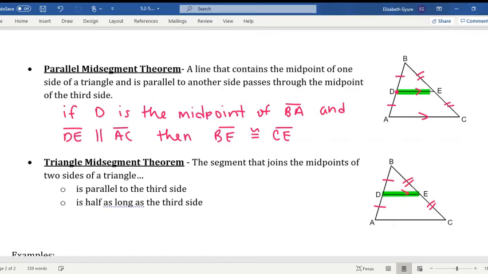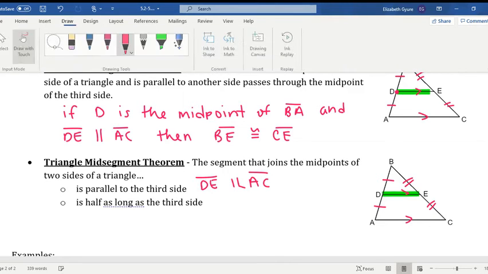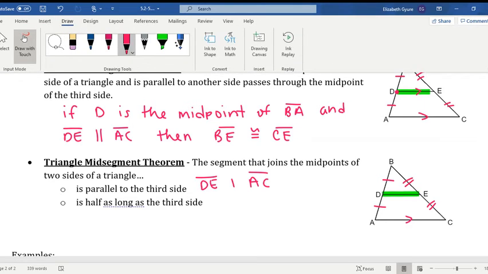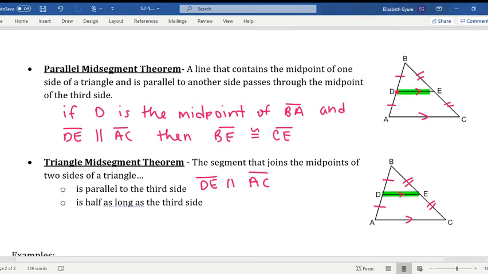You will know that DE is parallel to AC. Okay. And its measurement will also be half as long as the third side. So the measure of DE will equal 1/2 the measure of AC. Again, think mid-segment, middle, half, right? It all kind of goes together, hopefully.